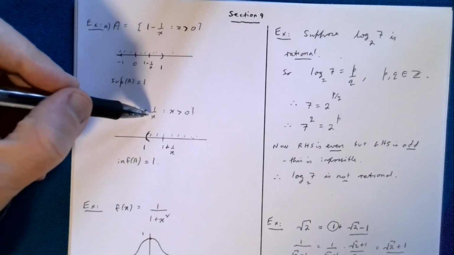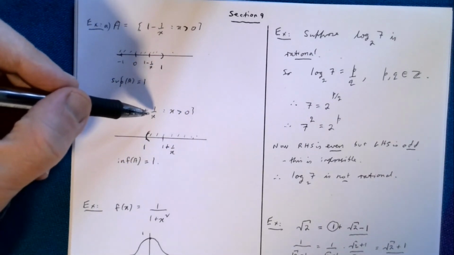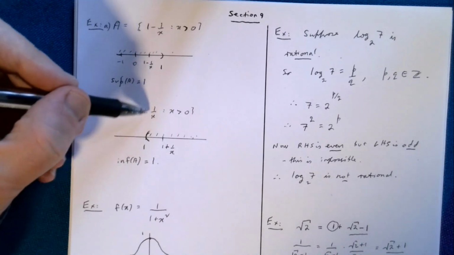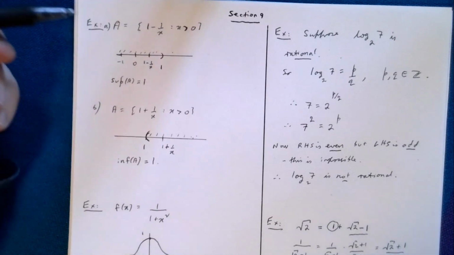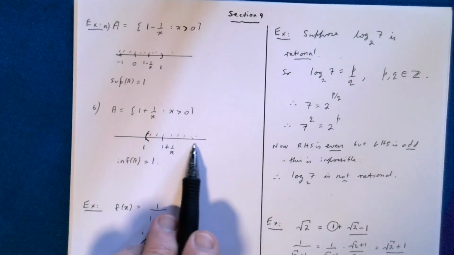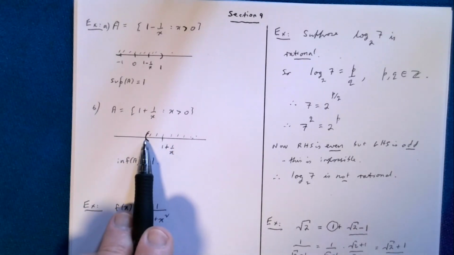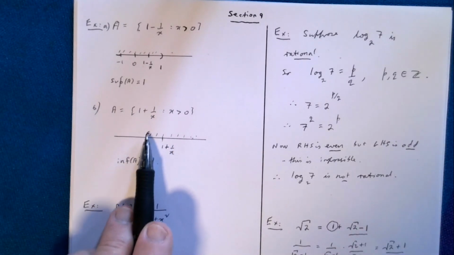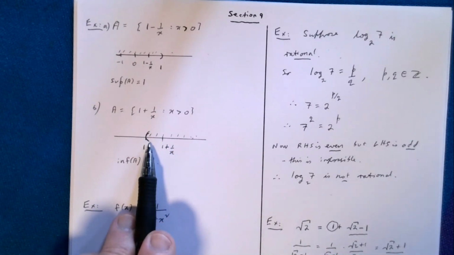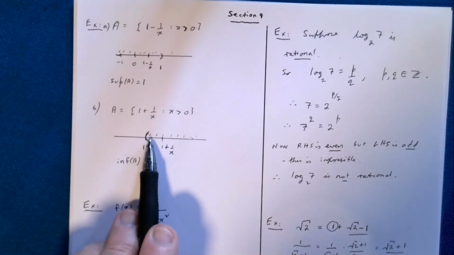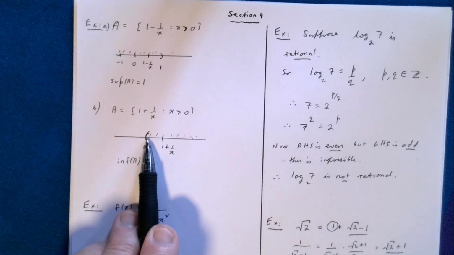By making x very close to 0, this will be very big, and I can make this as big as I like, so I'm going to get all the real numbers this side. But it's always 1 plus something, so I never get to 1, but I get as close as I like. If I put x as 100, then I'll get 1.01, so I'm just on this side of 1.